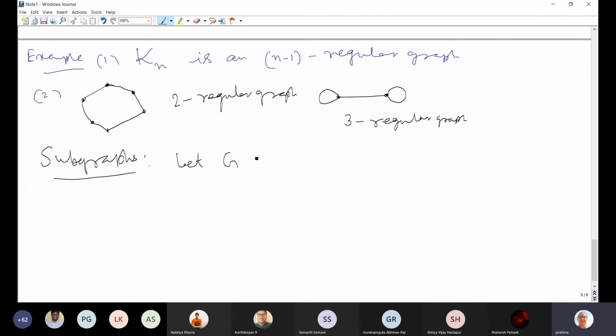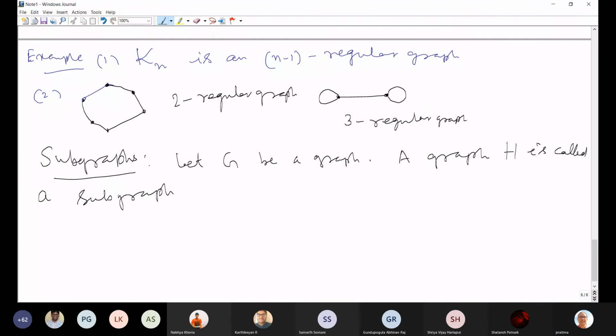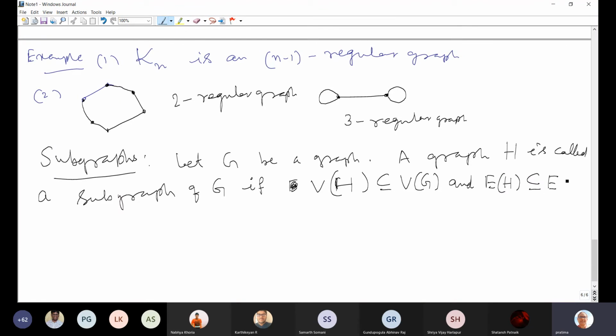Another graph H is called a subgraph of G if it satisfies this condition: the vertex set of H is a subset of the vertex set of G, and also the edge set of H is contained in the edge set of G.